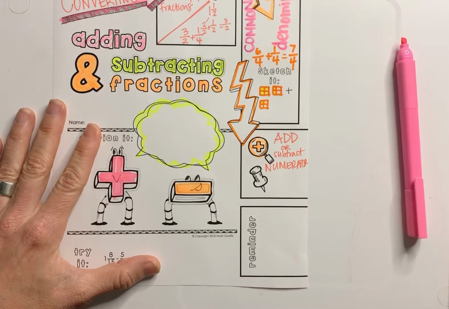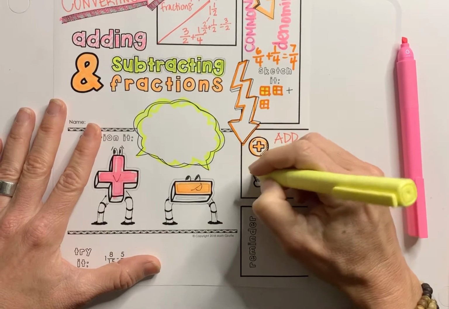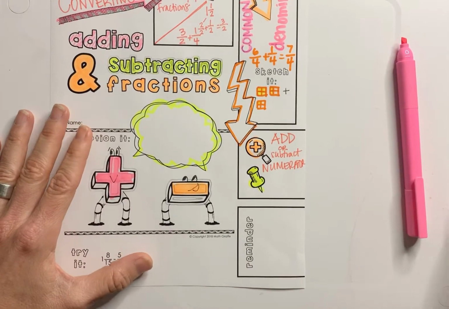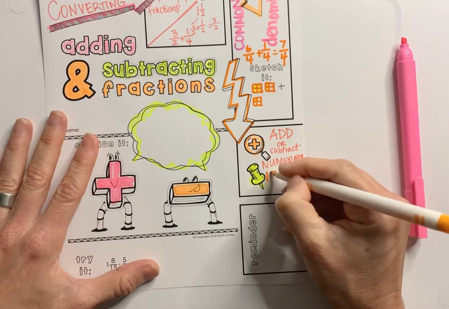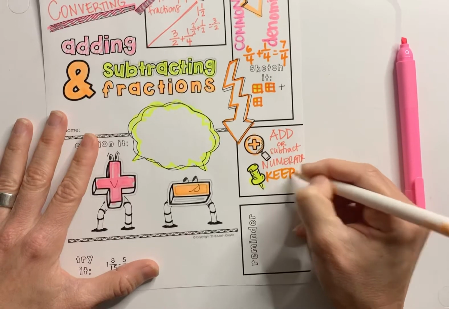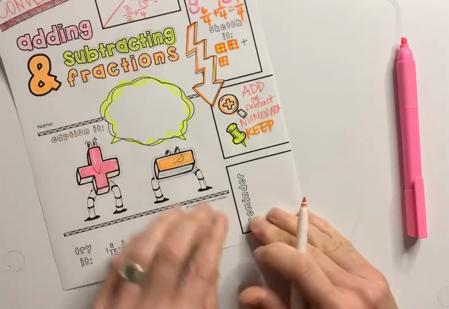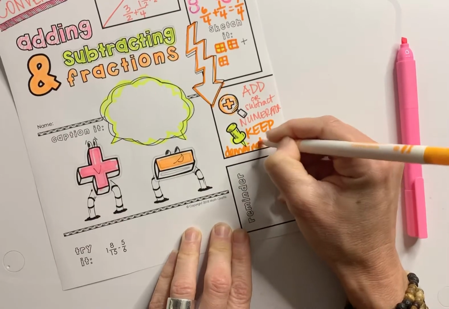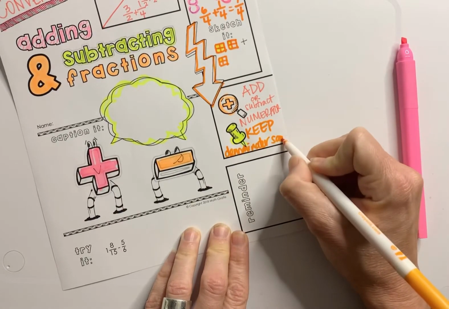I'm running out of room there. And then this little pin, it's a reminder for you to keep the denominator the same. So you pin it.